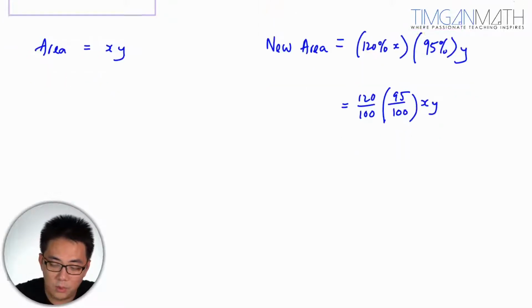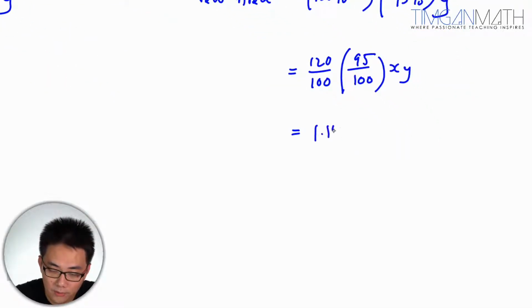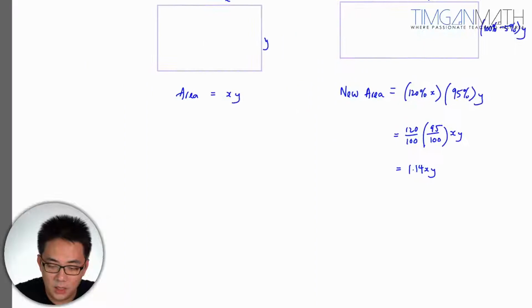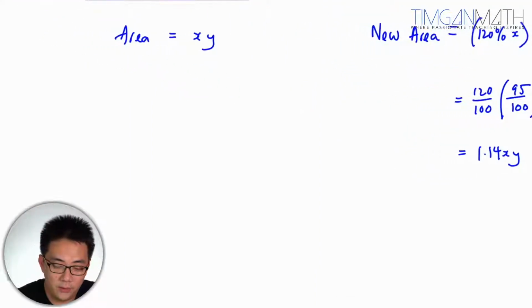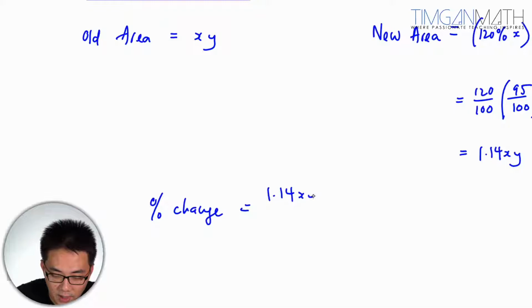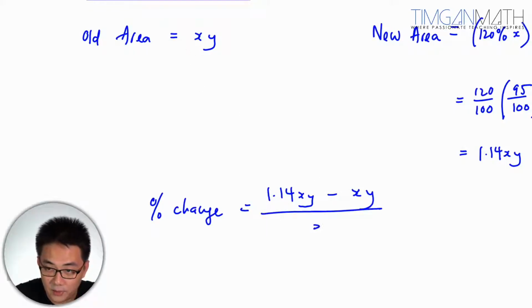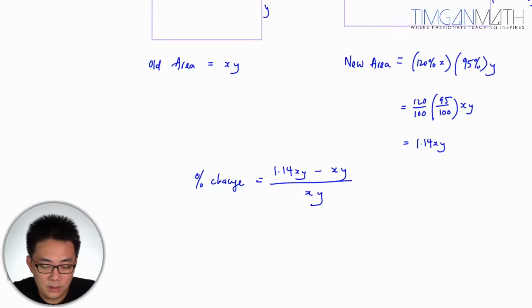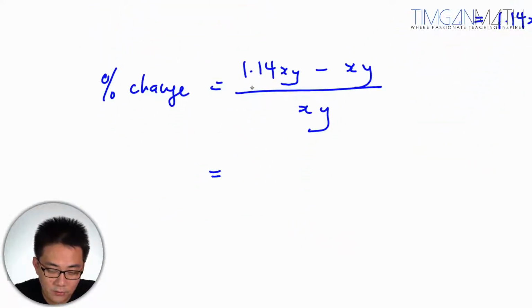Keying this into the calculator, this will be 1.14xy. So this is the new area and this is the old area. The percentage change we know is the final, which is 1.14xy, minus the old one, which is xy, divided by xy.